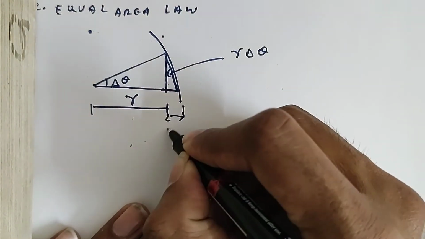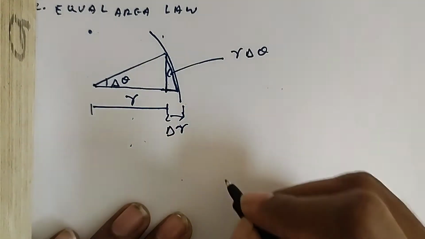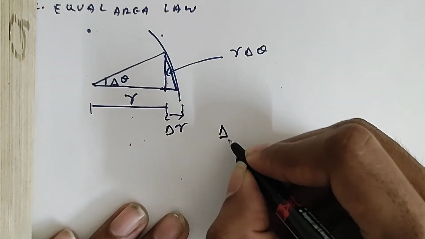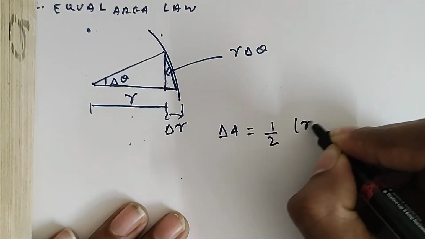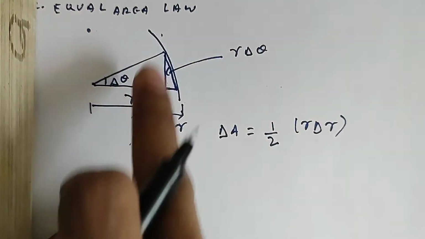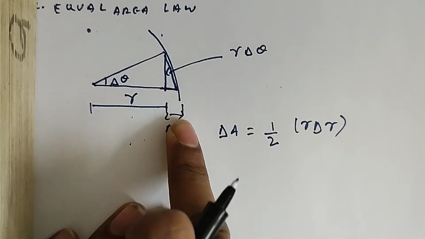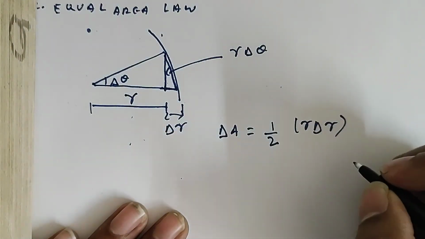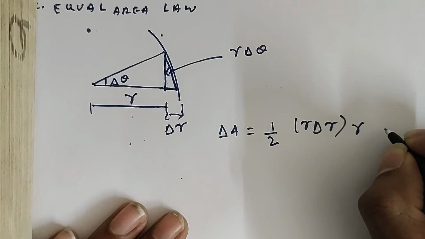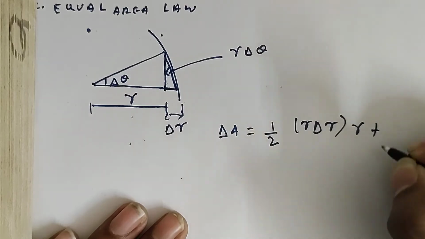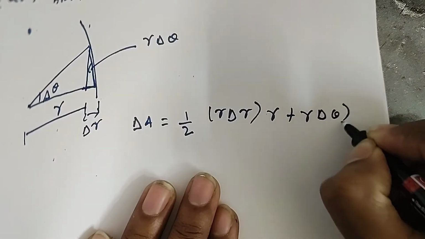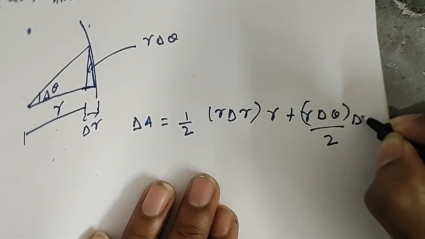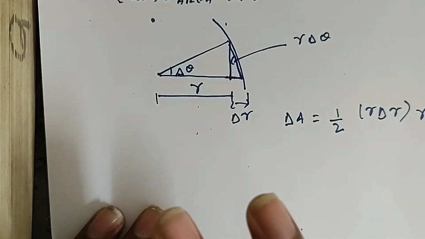Because this is my delta r. Now, as required by the formula, the area is equal to half the length times the height for this triangle. Alright, you're getting it, right?